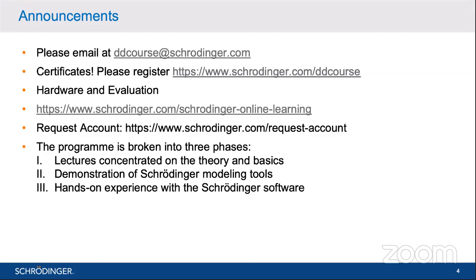That is separate. You need to register for this course at schrodinger.com/dd course, and you have to request an account on the Schrodinger website, which is schrodinger.com/request-account. There's a small form there.